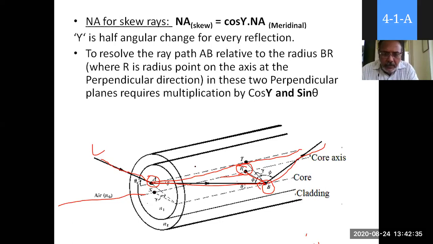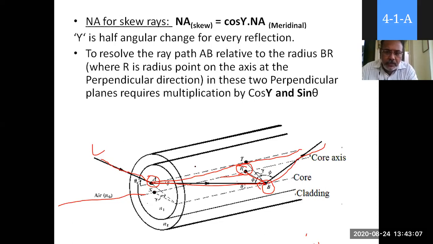Once again, this particular point is cos delta. Delta is the reflection angle that happens at the surface where it touches near the core cladding interface. There it suffers reflection and they go back, and again they propagate. So that delta is there.